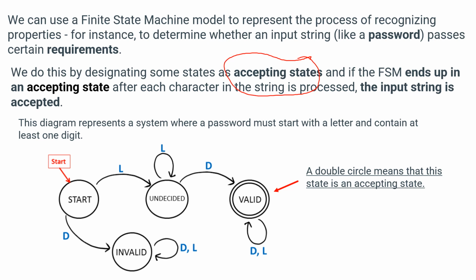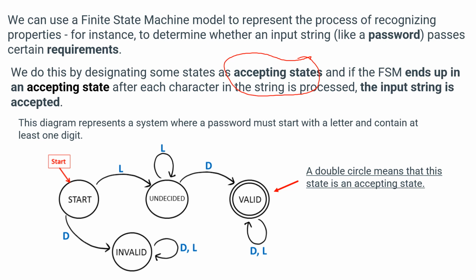And the other states would mean that if we end up in another state and never get to the accepting state, then the property we're looking for is not fulfilled. Okay, so let's look through this and see if this makes sense.